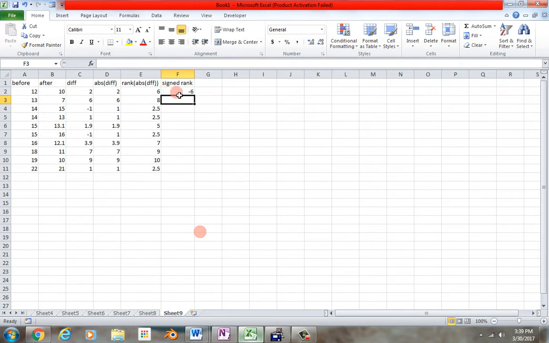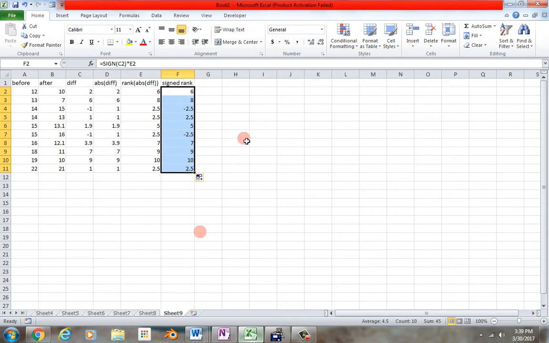What happened? Something weird happened. Oh, because I put a negative in front of it somehow. Anyway, when I paste it down, you will see the ones that are negative in this column are going to be negative here. So it's just negative 1 times this, and positive 1 times this.